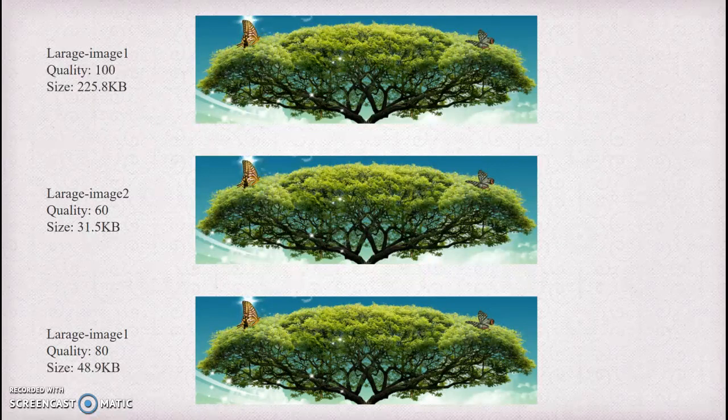So this was kind of interesting. I don't know if it's just me, but obviously the one with the quality of 100 looks like the best. But to me, the one with the lesser quality, 60, looks maybe better than the one with the quality of 80.